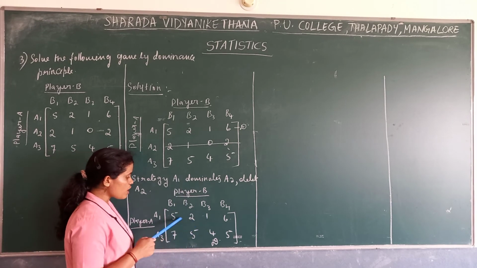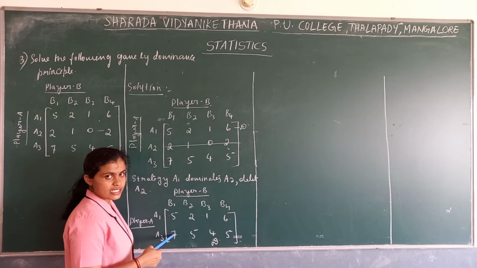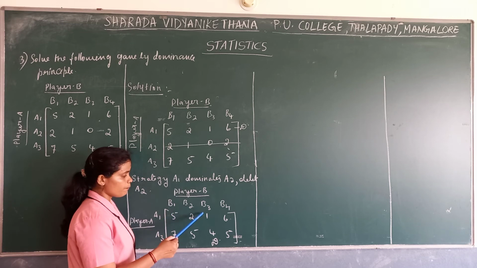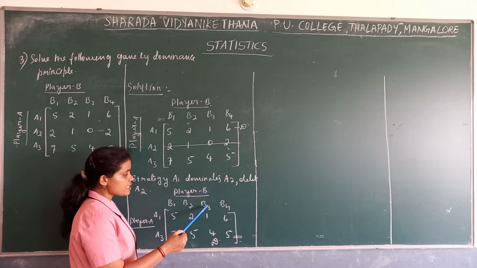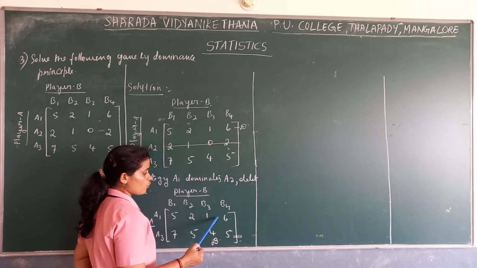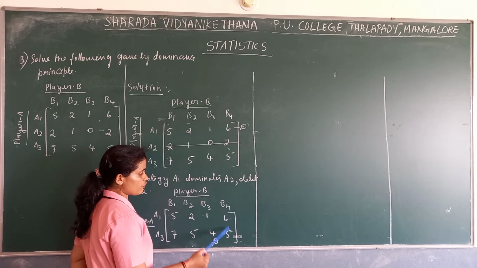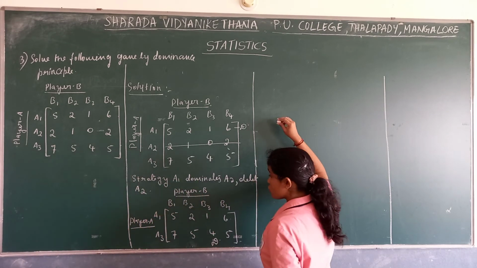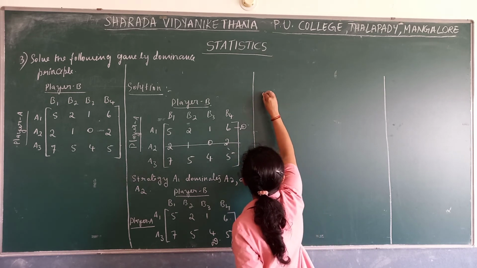Now 1 is smaller than 5 and 4 is smaller than 7. Yes, B3 dominates B1. With B2, 1 is smaller than 2, 4 is smaller than 5. Yes, again it dominates B2. Then with B4, 1, 6, 4 and 5. Again it dominates B4.